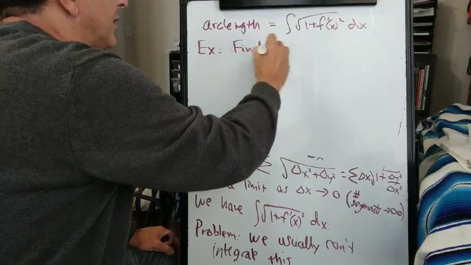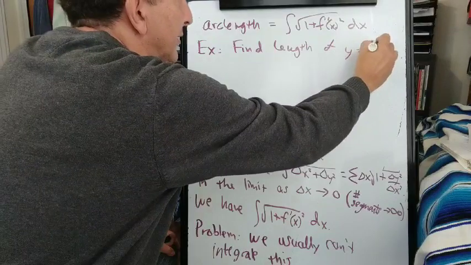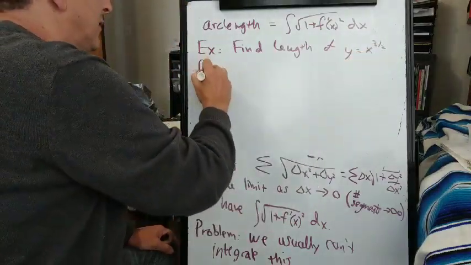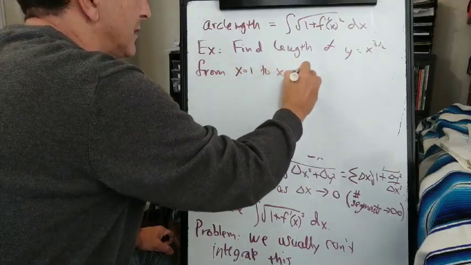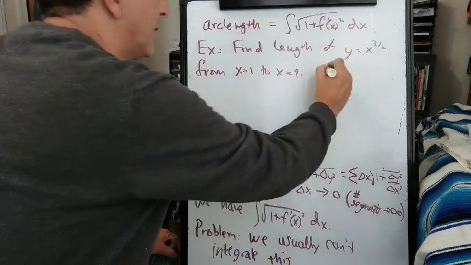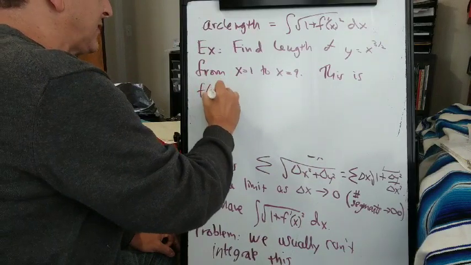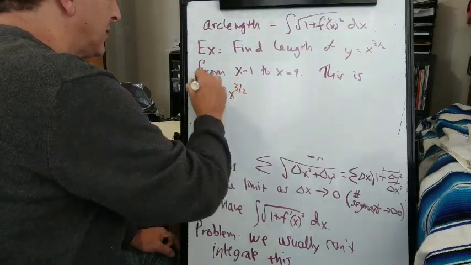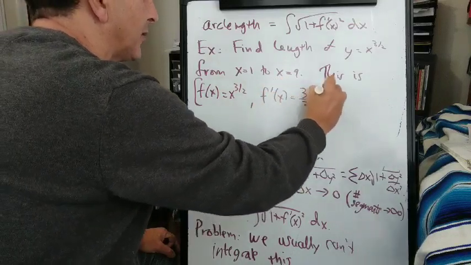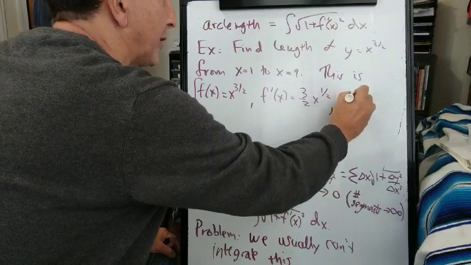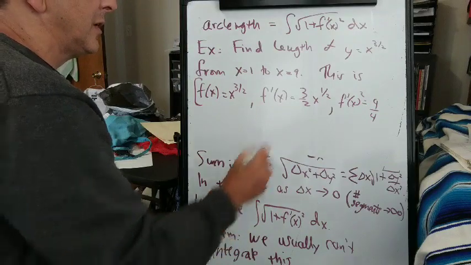Let's find the length of y equals x to the 3/2 from x equals 1 to x equals 9. This is, let's see, f of x is x to the 3/2. f prime of x then is 3/2 x to the 1/2, and f prime of x squared is 9/4 x.